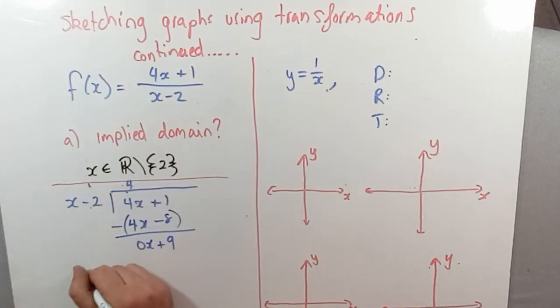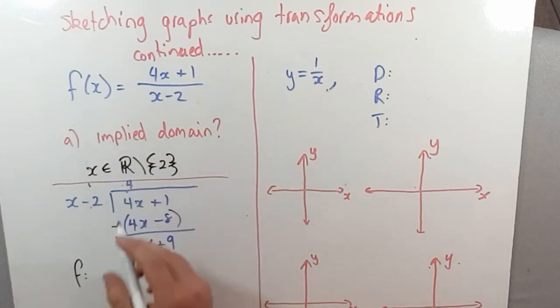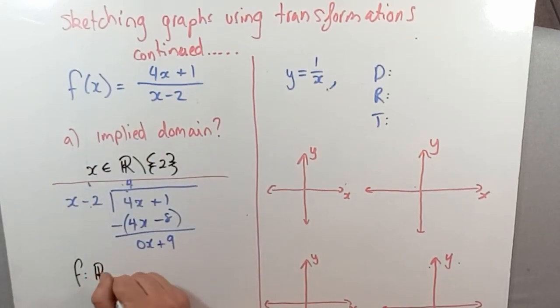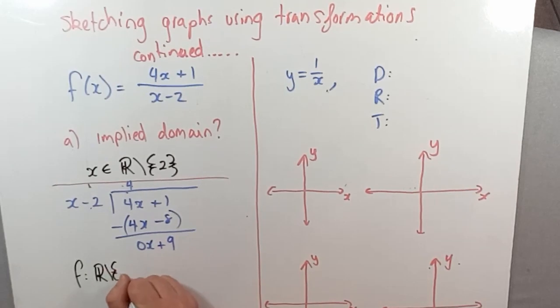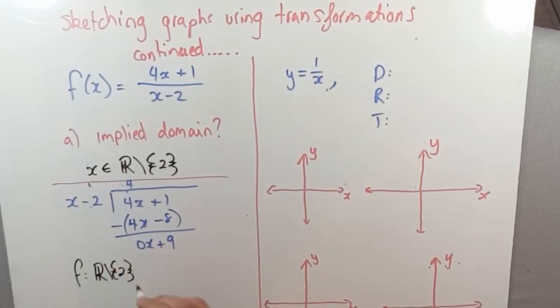So I can write this f of x, let's write the whole thing out in function notation. f such that R excluding 2 maps to R, comma.